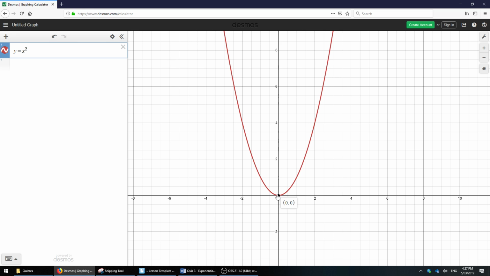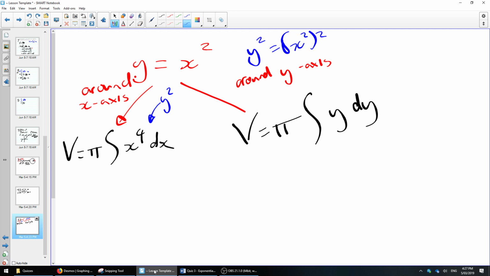Going back to the question I had up there, if I needed to find the area bound between the y-axis, I'll be integrating the square root of y. So I don't need x squared, I don't need x. That's the subject.